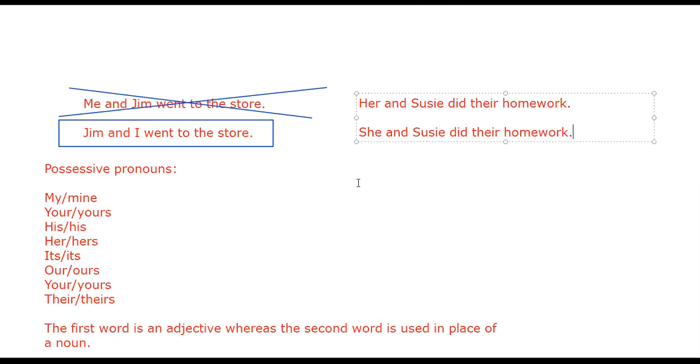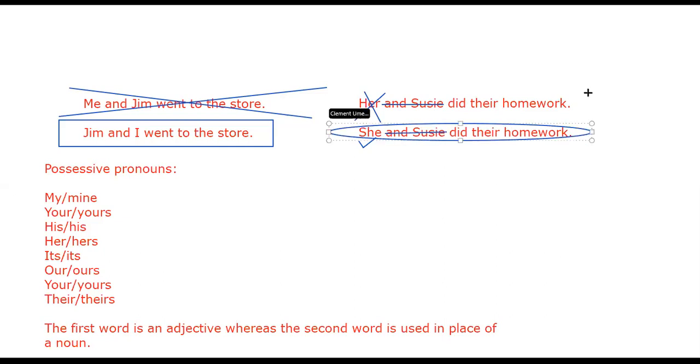Because that's the problem with English. Pronoun cases, nobody knows how they work anymore. So if you take this out, then this doesn't make any sense. But if you take this out, then this does make sense. So she and Susie did their homework. This is fine. Her and Susie did their homework. This is not fine. So again, try not to mix up these cases.